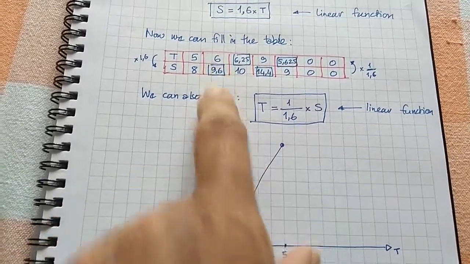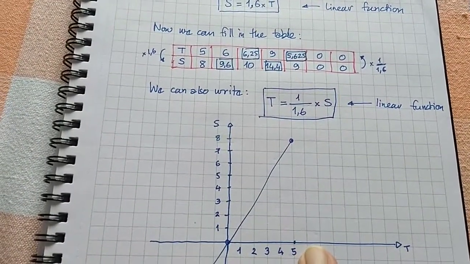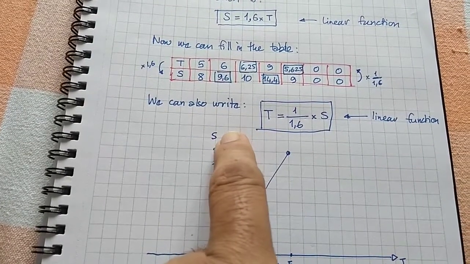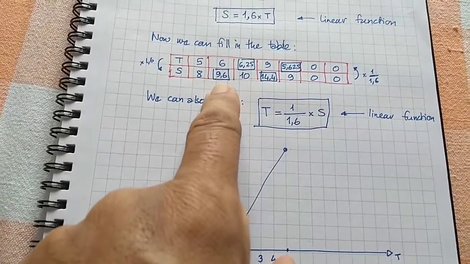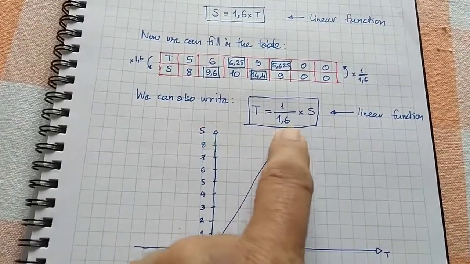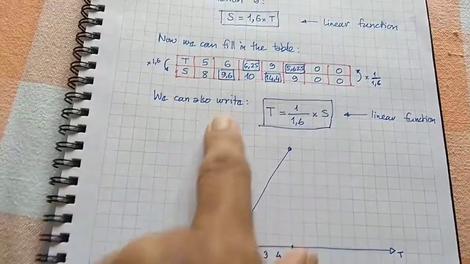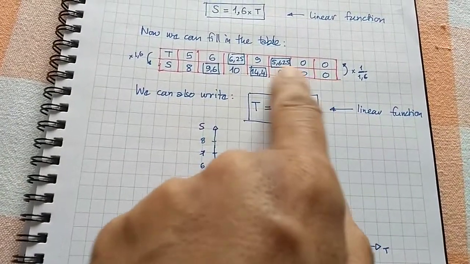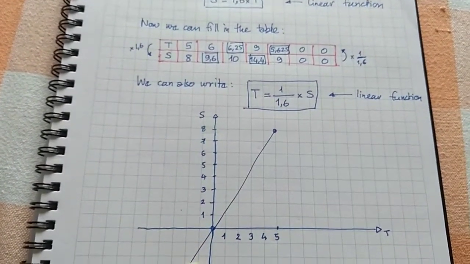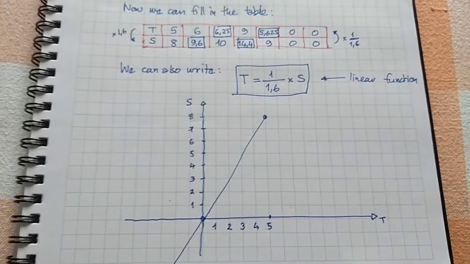Similarly, if you take 6 here, if you just go one more square and you go up, the image will be 9.6, which is between 9 and 10, it will be about there. So don't think that these points don't make sense. All of these points also lie on this line. I forgot to say that earlier.